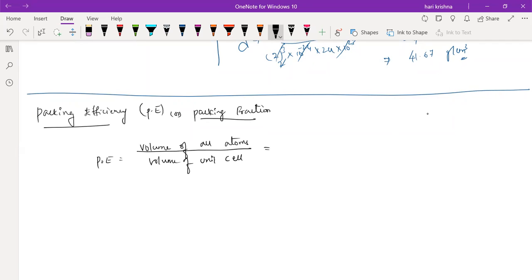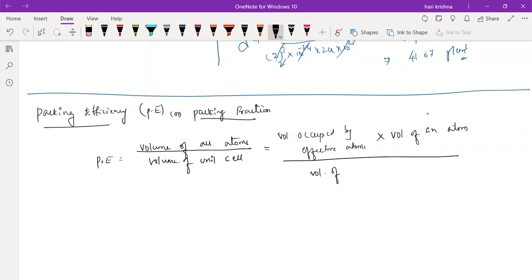Or else, if you want in a detailed way, volume occupied by effective atoms into volume of an atom by volume of unit cell.